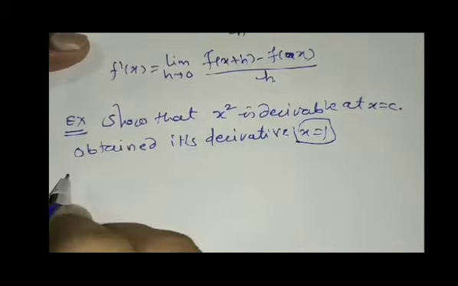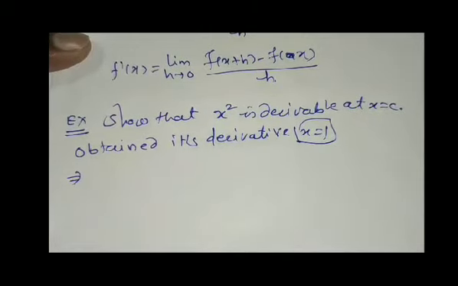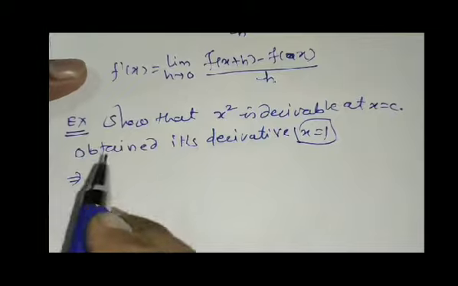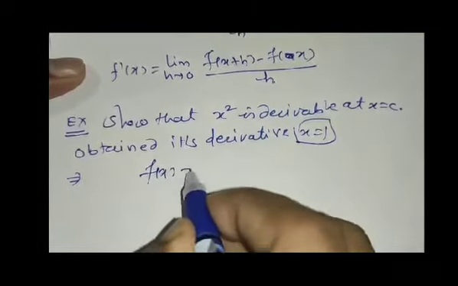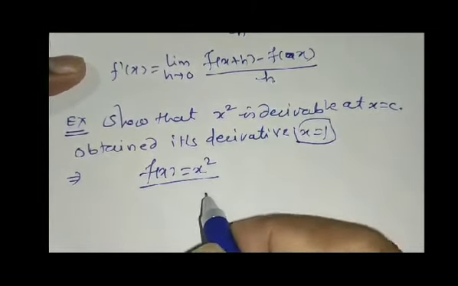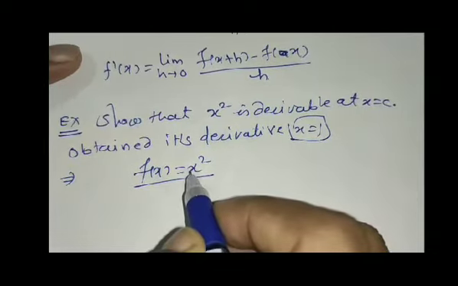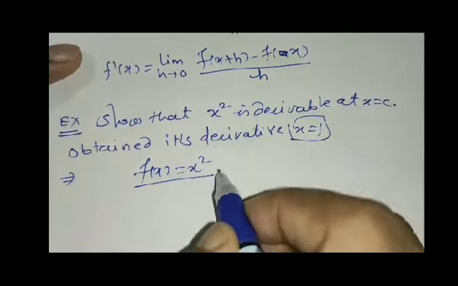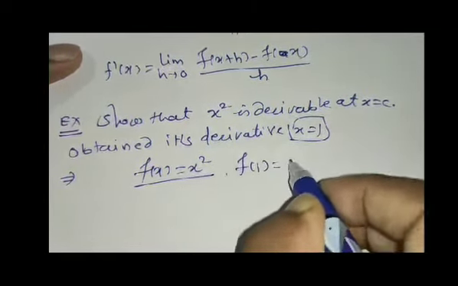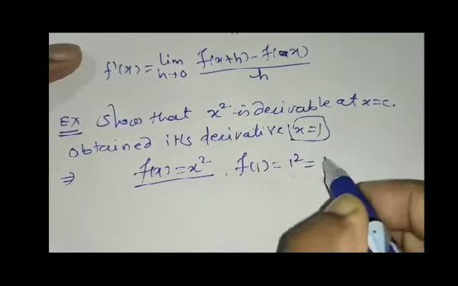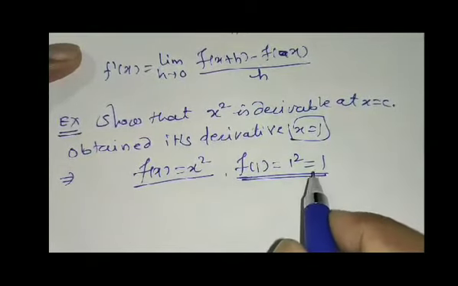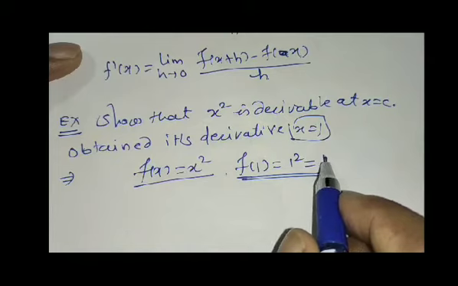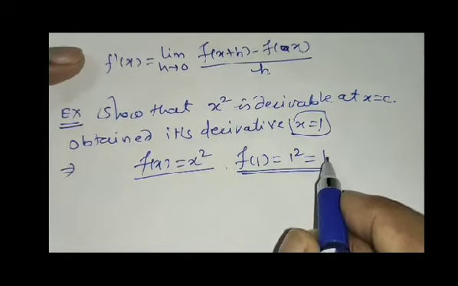So student, let's start its solution. What is the function? So f of x is equal to x square is a function. We know that f of 1 is equal to 1 square, and that is equal to 1.